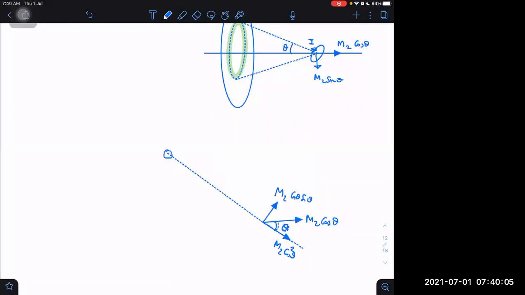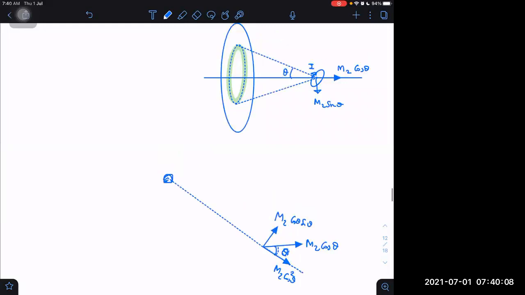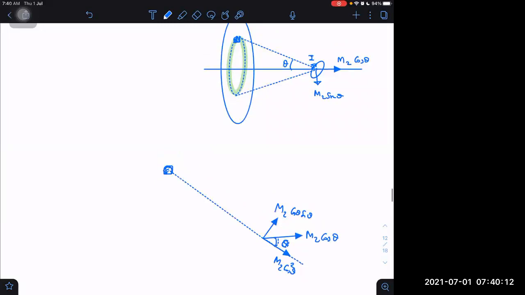And at this place, if some area element is here, this area element is an element of that smaller one. In this small area element, what will be due to m2 cos square theta?